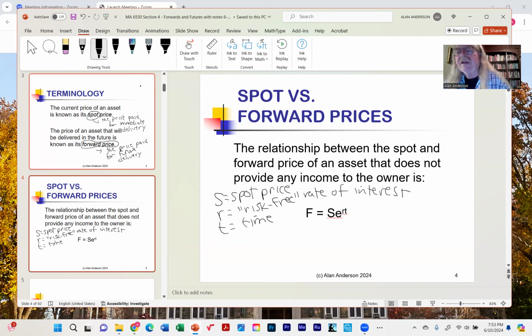So in other words, what's happening here is we're assuming that the asset that we're buying through a forward contract will be delivered at time T. So basically, let's say T is 3 months. So then the risk-free rate, R, would be the 3 month Treasury bill yield.